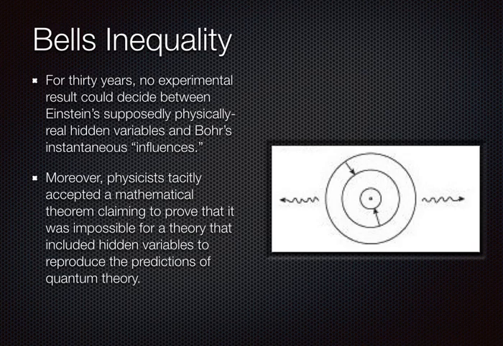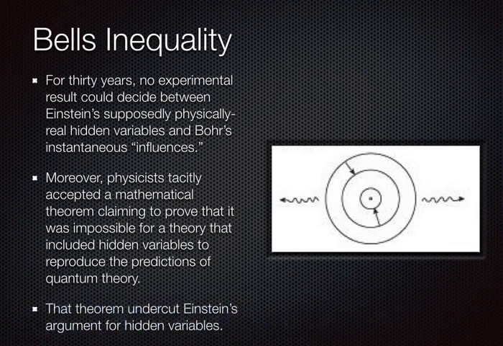Since everyone knew it wasn't wrong, they were like, well, Einstein, there are no hidden variables. This just is what it is. Even though later, I think a college math professor actually worked it out and saw that the theorem was false. But that theorem undercut Einstein's argument for hidden variables.